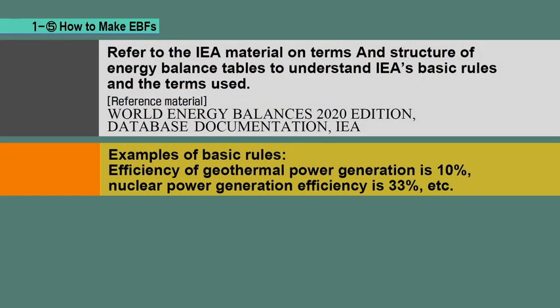For example, on geothermal power generation efficiency, the IEA sets a global average of 10% as the common rule for energy balance tables. Similarly, nuclear power generation efficiency is set at 33%. Such rules are written in the document. The gist will be explained in my lecture, so there is no need to read the full document.